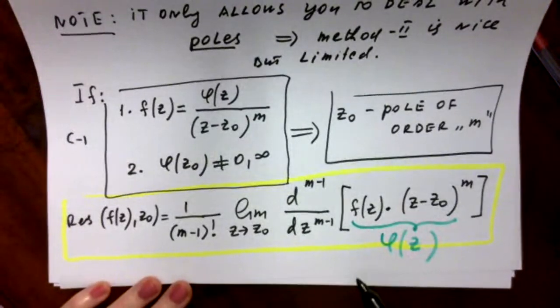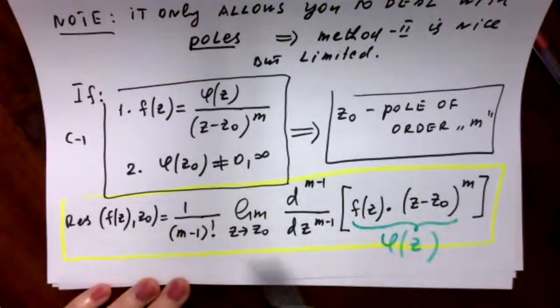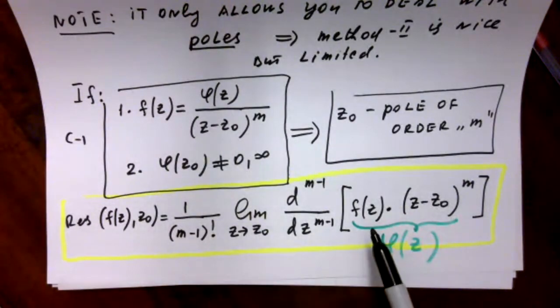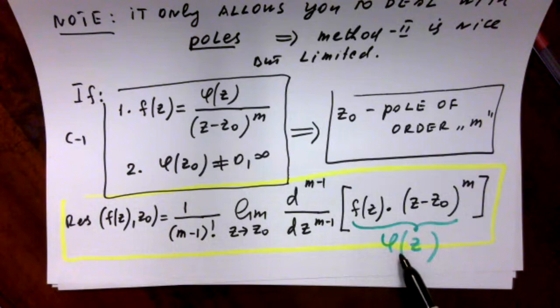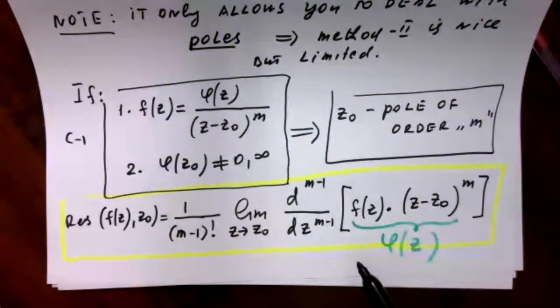I did it deliberately, because we are going to use this formula for method 3 as well, and in method 3, it will look just like this. There won't be any phi of z in method 3, and that is why if I chose to write phi of z here, you might have got the impression that you need to learn two formulas.